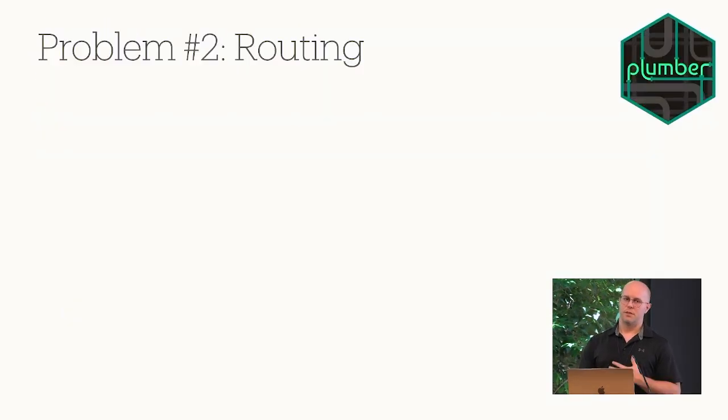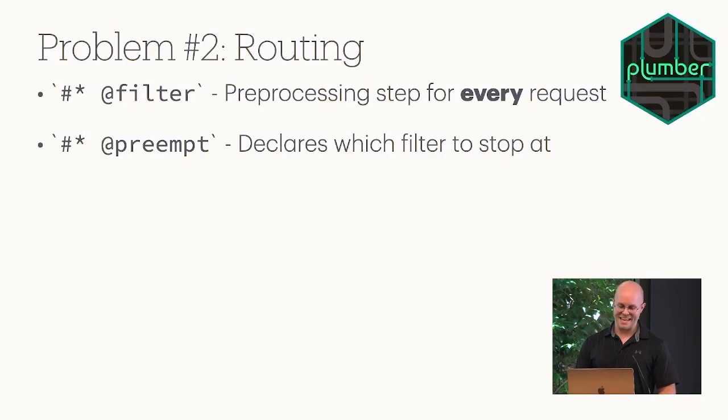Routing. This is the one that got me. So who here has written a filter, possibly? Maybe? Yes, more than one. I like it. Who has used preempt? You don't count. Preempt, something that I still don't understand exactly when it would work, but these were the only two controls that we had for flowing through a Plumber API.